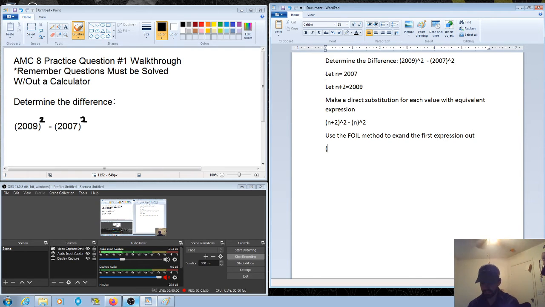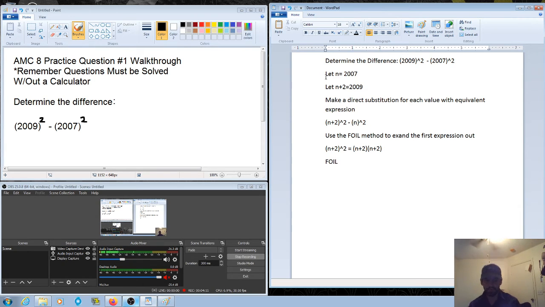Okay, so we have n plus 2 quantity squared, and this is equal to the quantity n plus 2 times n plus 2. Remember, the FOIL method allows us to use a four-step dynamic to fully expand out a binomial expression being squared.